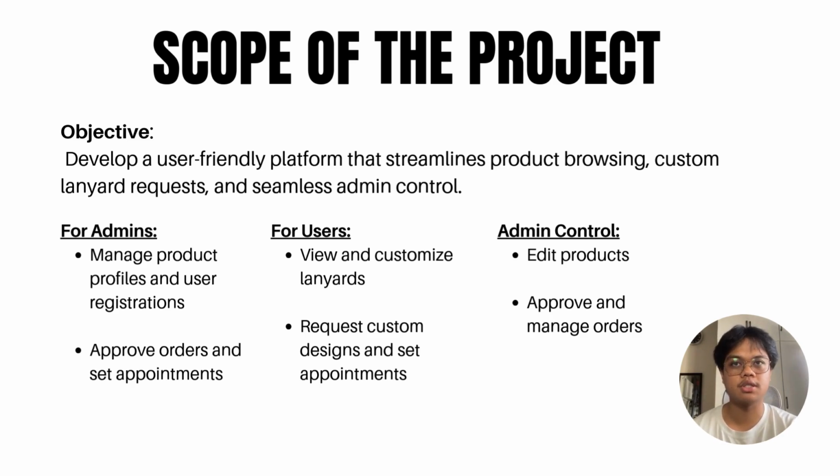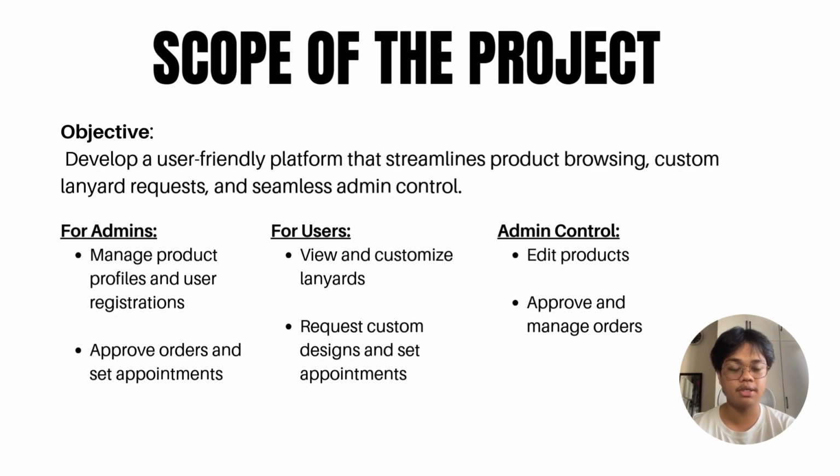Next, we'll discuss the scope and limitations of our project, which focuses on developing a web-based e-commerce platform for Division Designs. So the objective is to create a user-friendly system that streamlines product browsing, custom lanyard requests, and admin management. For users, the system should allow account registration, browsing and customizing lanyards, submitting custom design requests, placing orders, and tracking order status.